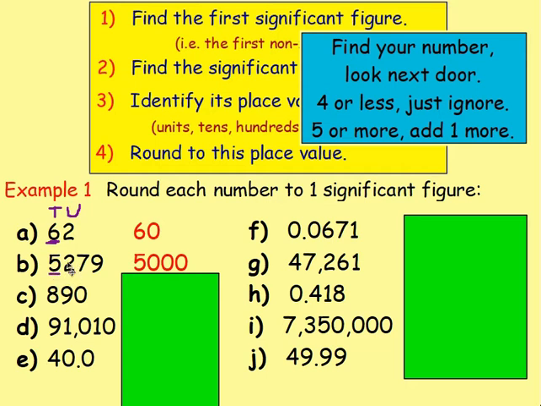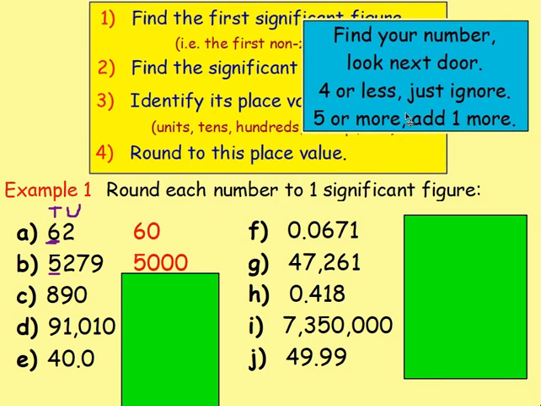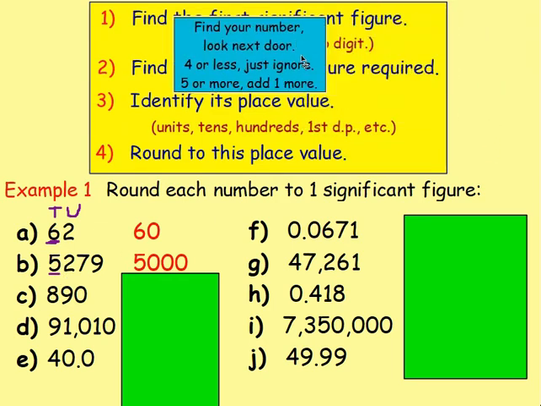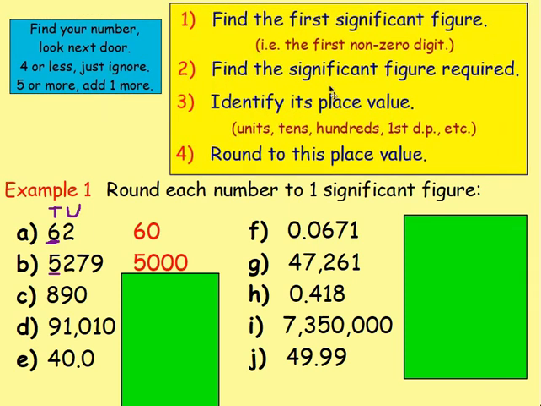If this number here is 4 or less, then we just ignore. So instead of 5,000 and then something, it would just stay as 5,000. If we look next door and this number here was 5 or more, then what we do is we add 1 more to this number that we found in the thousands column. So instead of 5,000, it would go to 6,000. That's just in case anybody is unsure of that. Maybe bring that back out with some of the other examples.